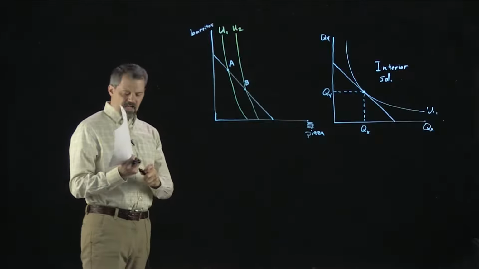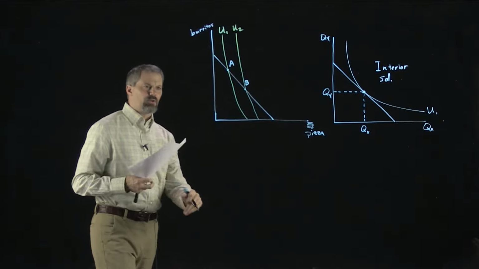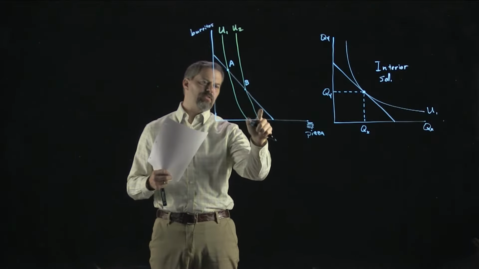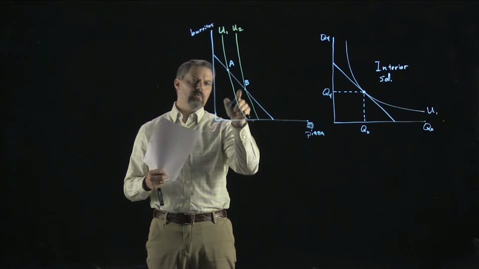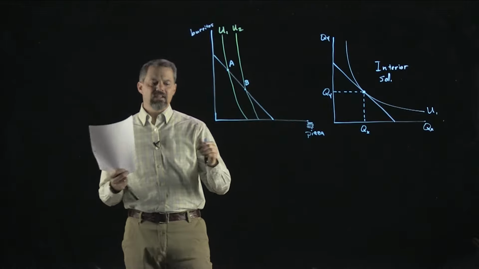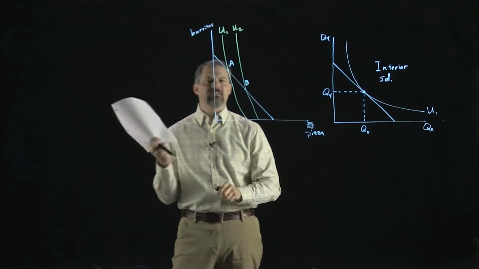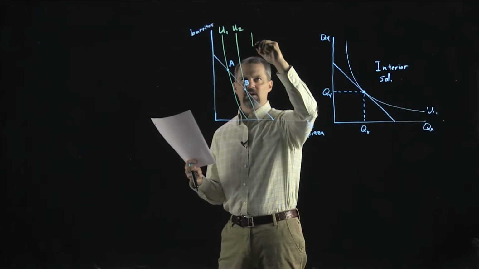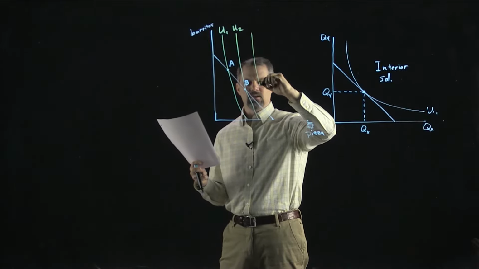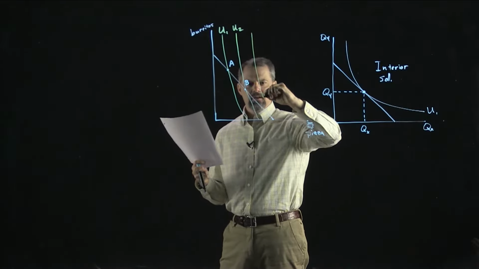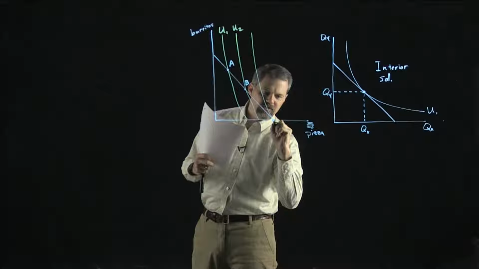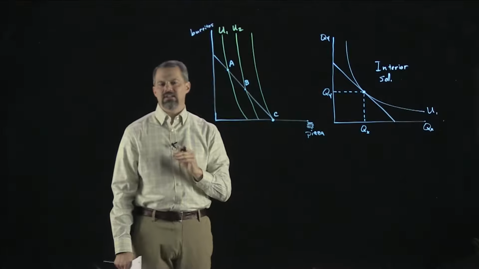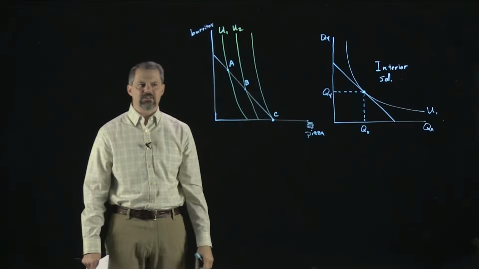That's still not the optimal bundle because the consumer would prefer any of these affordable bundles to bundle B. What you can see is that, given the shape of these indifference curves, we're going to end up at this point right down here, at bundle C.